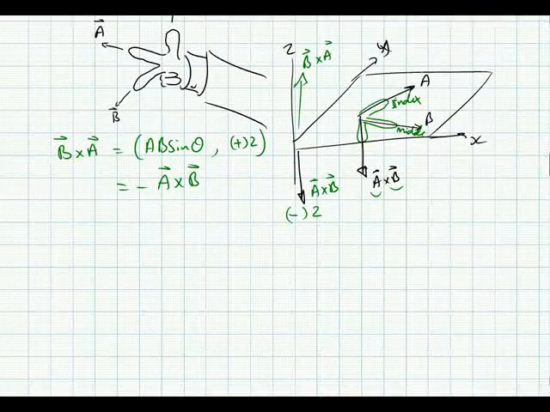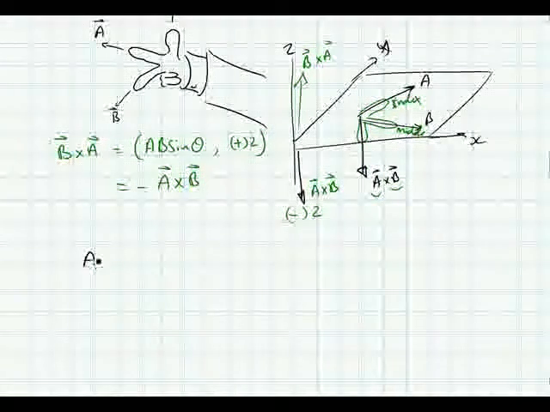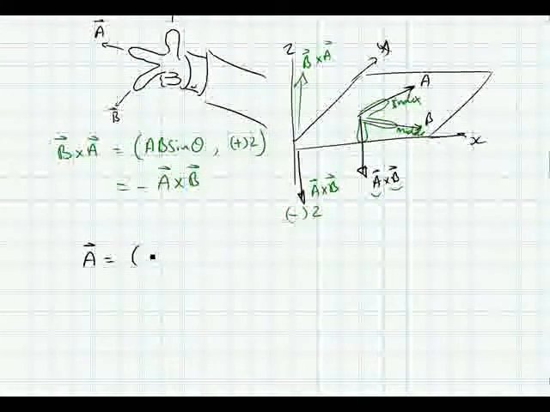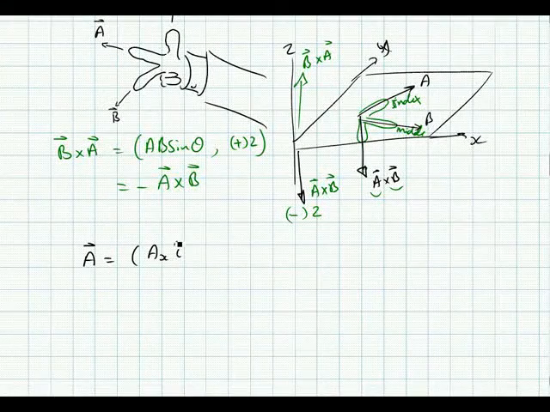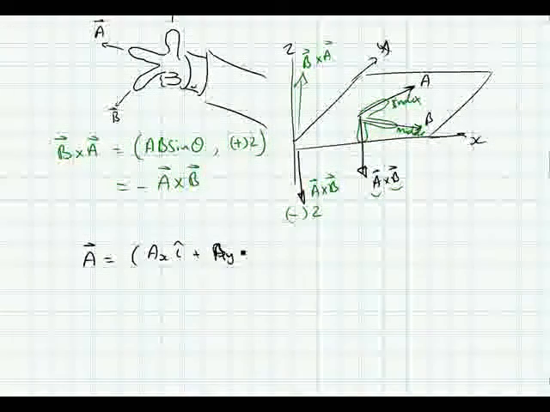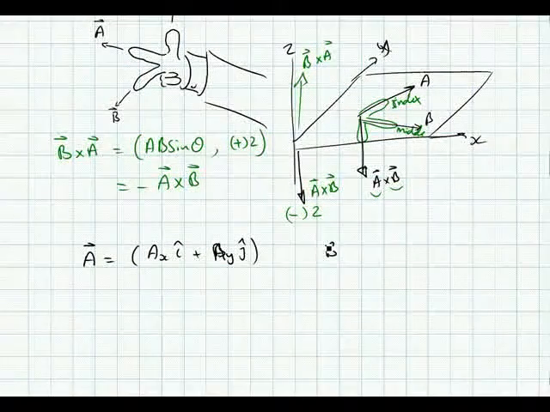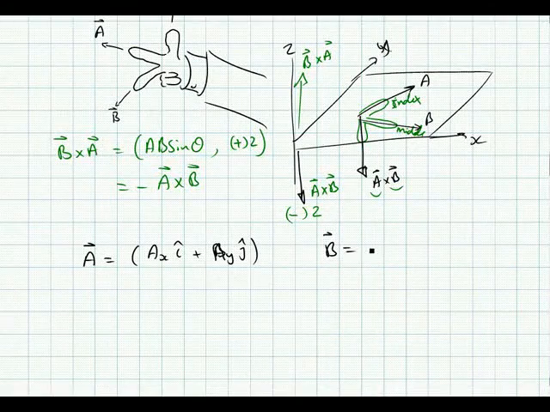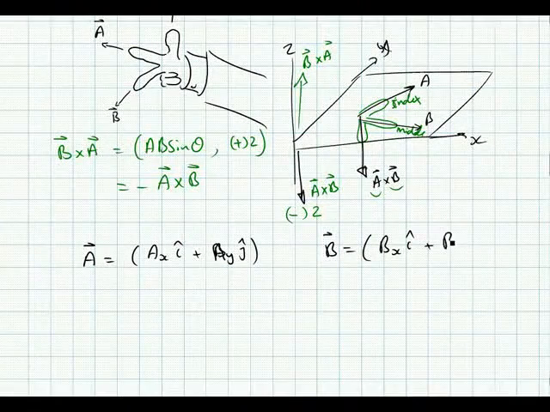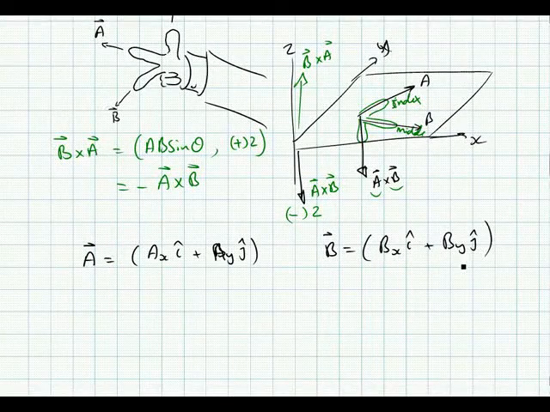So we have two vectors here. We have vector A, which can be written as ax i plus ay j, and we also have vector B, which can be written as bx i plus by j.